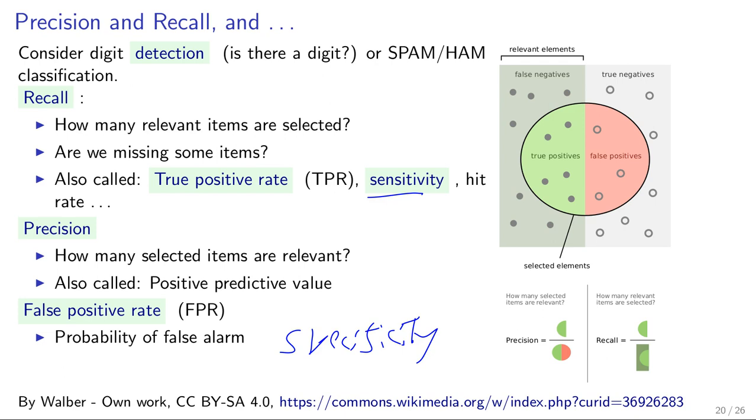So the idea is that in this case, it's a binary classifier, okay? So COVID positive or COVID negative. In the sample you have, the real division is here, and here is what your classifier does. If it labels something positive that is positive, it's a true positive.